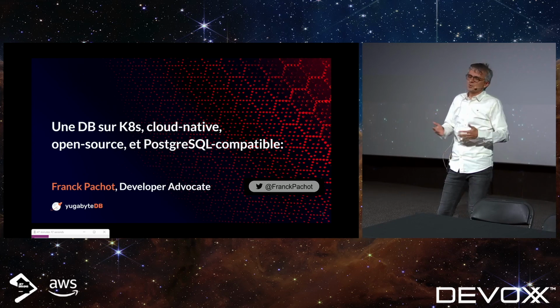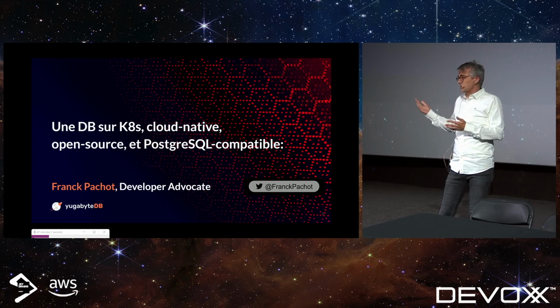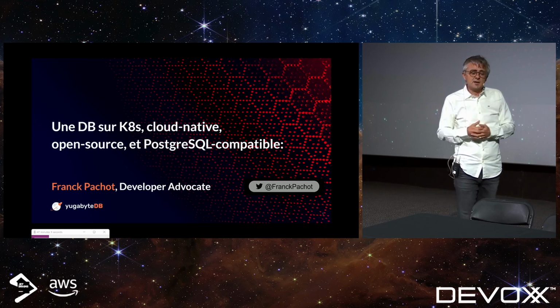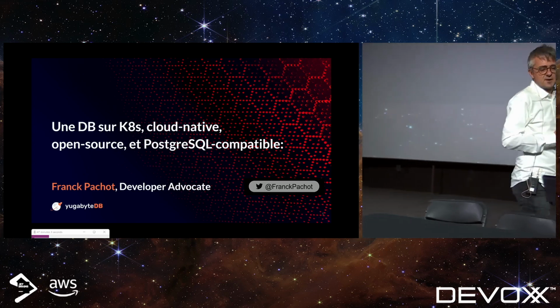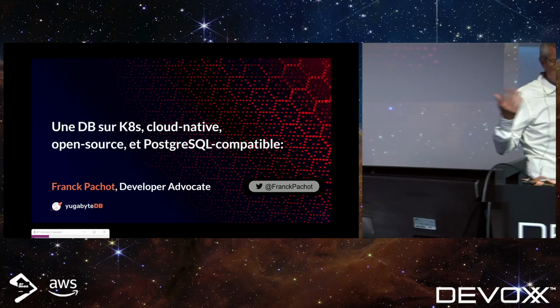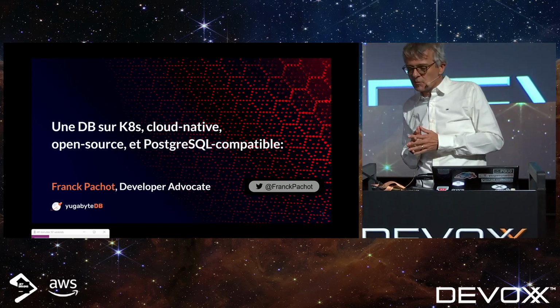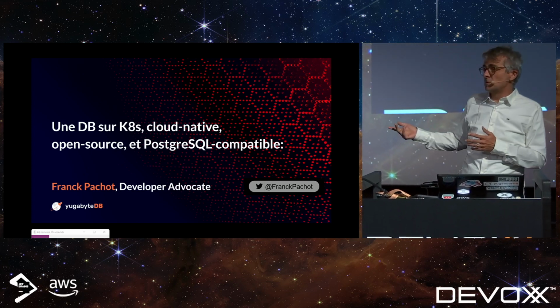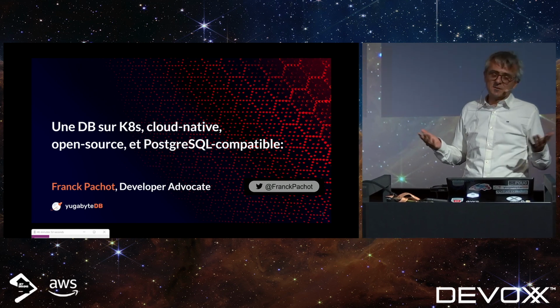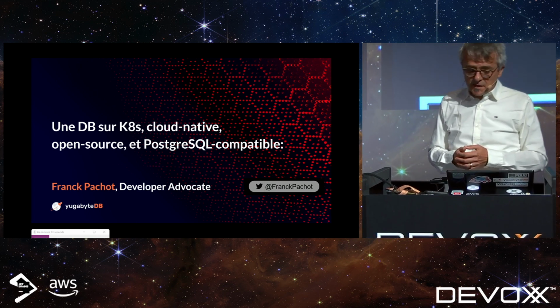Even if you can deploy Postgres on Kubernetes, you will still have one primary somewhere, and the other pods are just standby doing nothing. With distributed databases, you can really be cloud native and scale with Kubernetes or any cloud solution. So that's the goal. I will show that on a managed Kubernetes on AWS, but basically it's nearly the same.